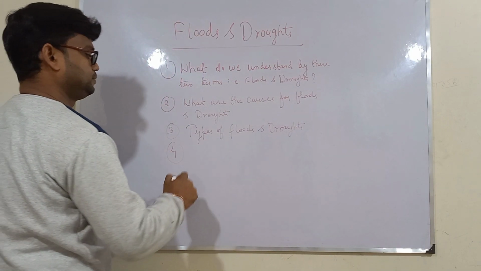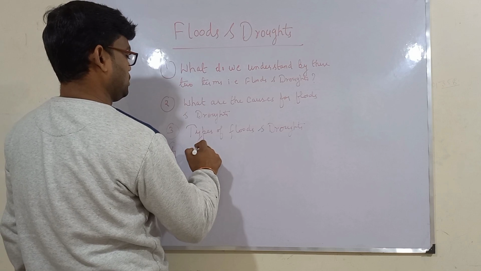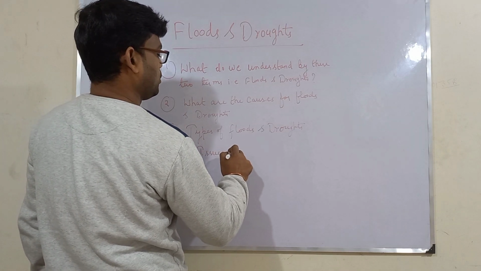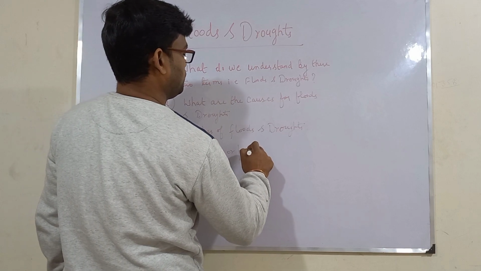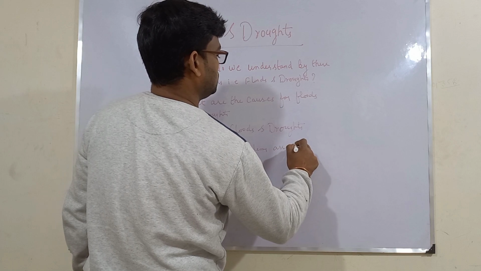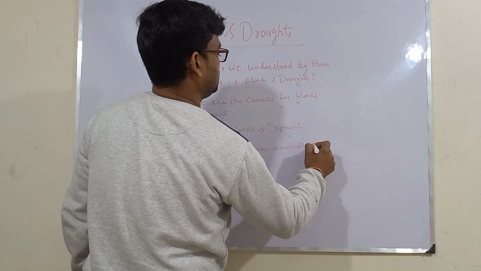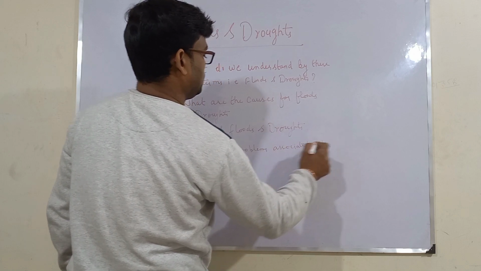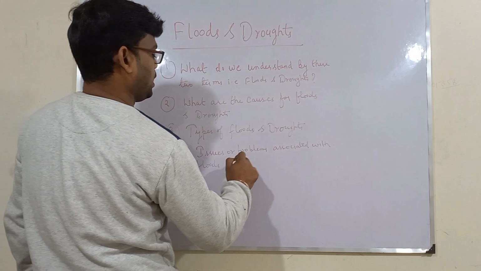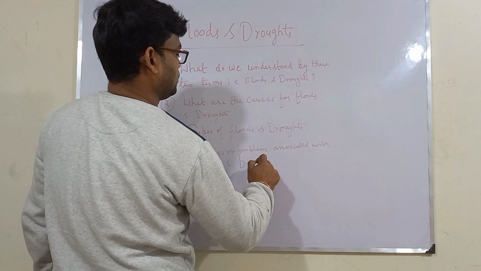Fourth thing is issues or problems associated with floods and droughts.